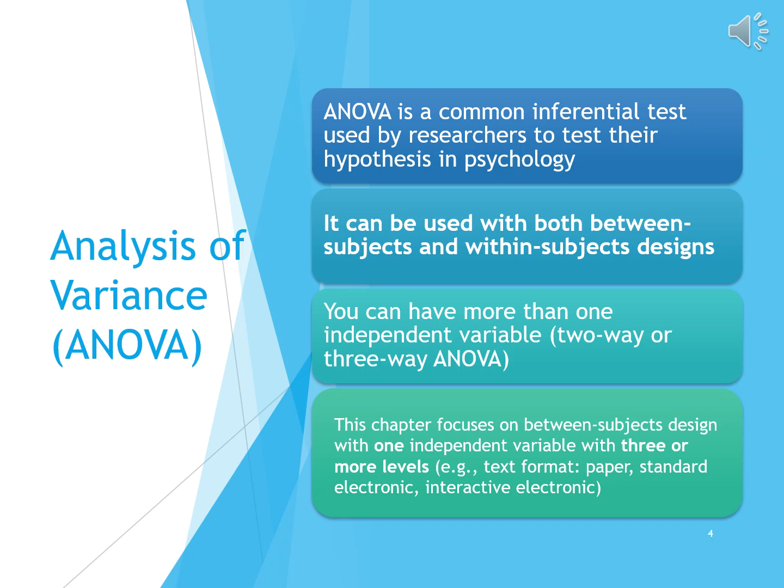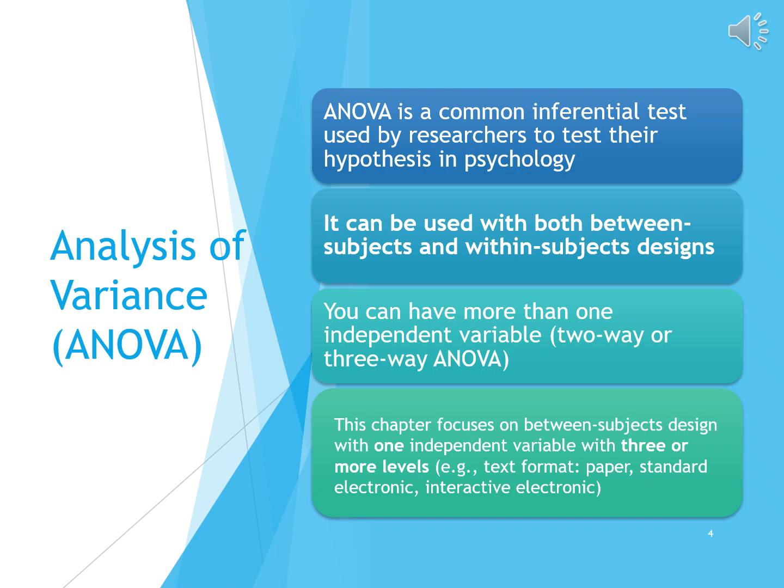We use it all the time in psychological research. It can be used in both between subjects and within subjects designs. You can have more than one independent variable. So if you had two independent variables, that would be a two-way ANOVA. If you had three independent variables, you'd have a three-way ANOVA.